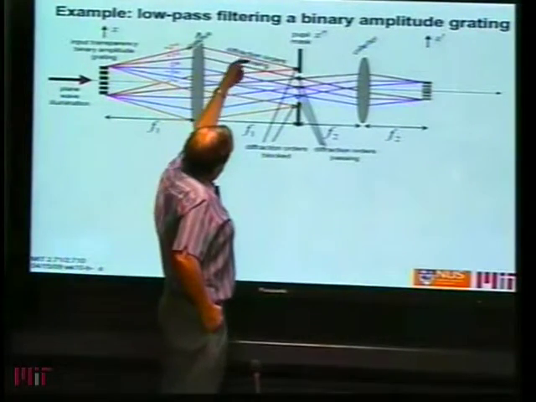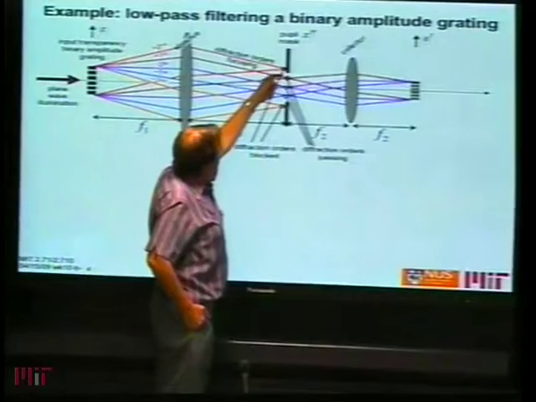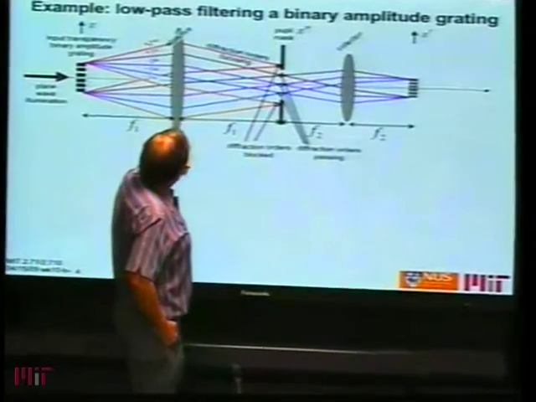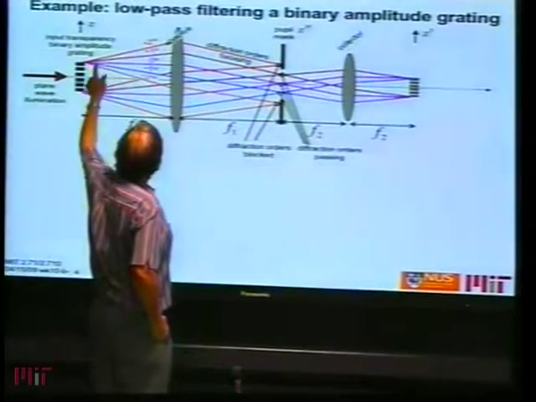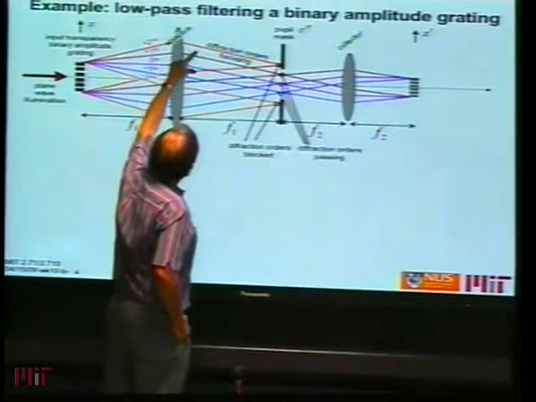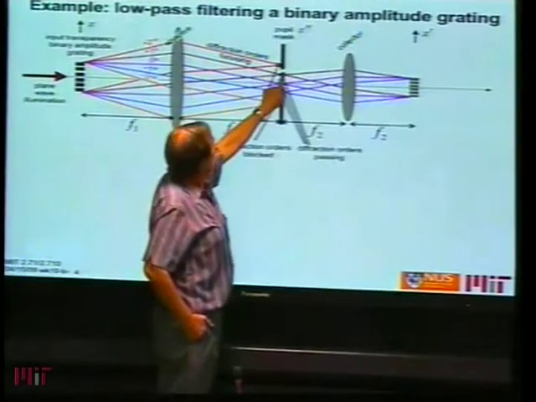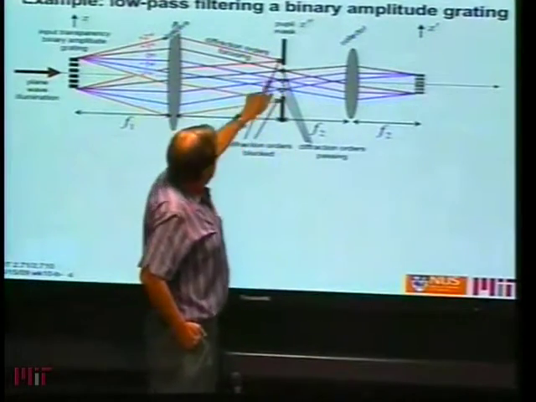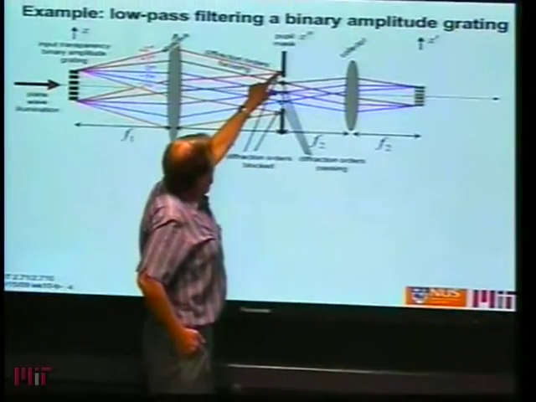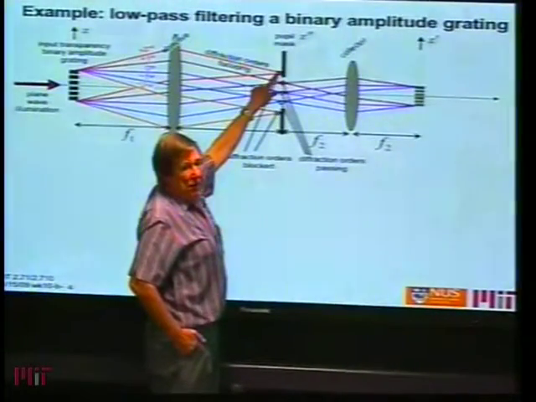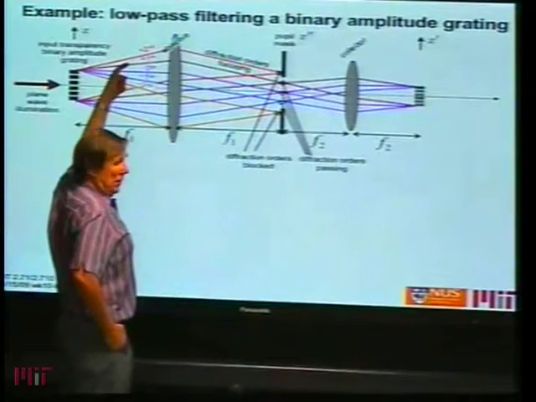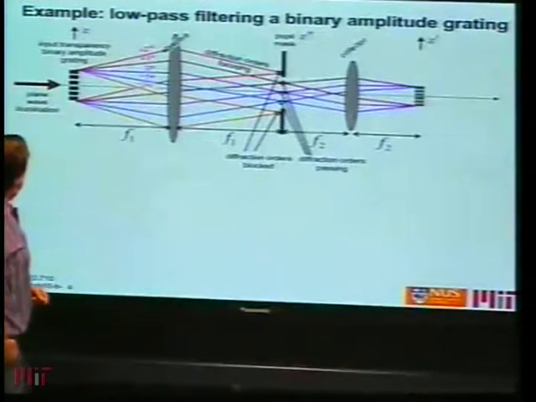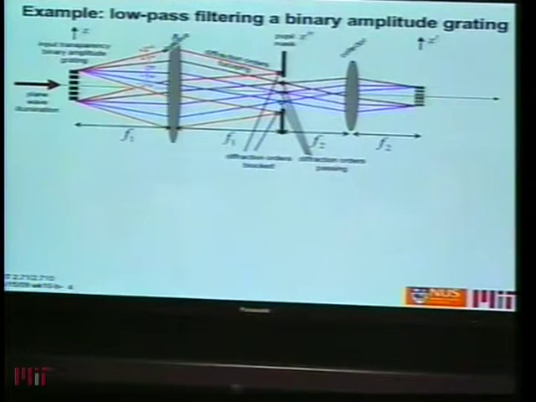So when the plane wave is focused to the pupil mask, it's going to reach there at a point. The distance from the axis, of course, is going to depend on the angle of this plane wave component, the grating component, right?